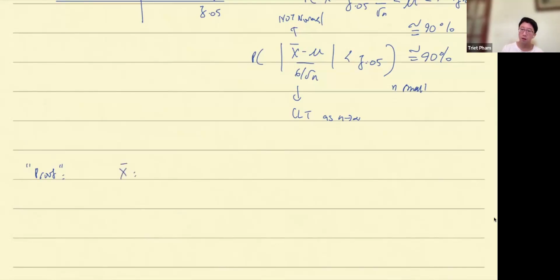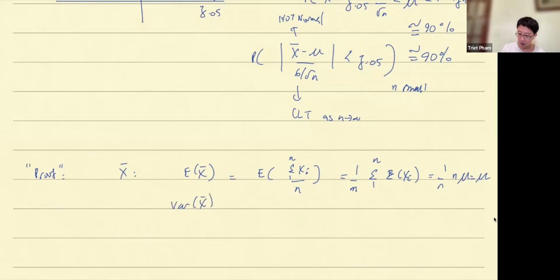The expectation of X bar is the expectation of the sum of xi over n, i from 1 to n, which is 1 over n times the sum of expectations of xi, which is 1 over n times n mu, which is mu.